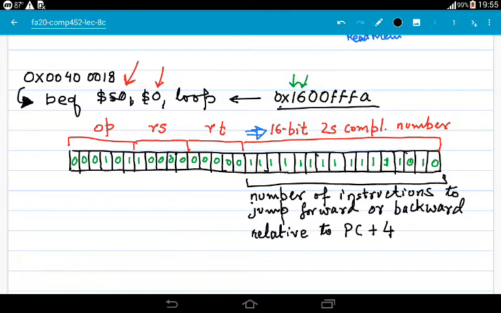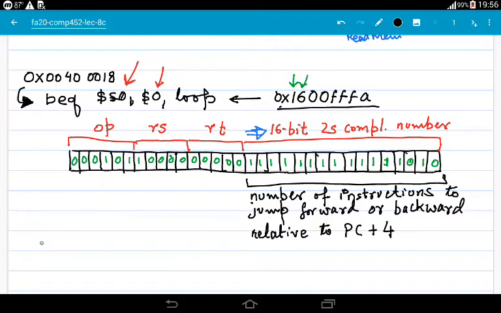Okay, I took a short break because I wanted to look up something related to usage. Now in this case, what's happening is that we have this number which is FFFA. So what does this mean? Let's see.